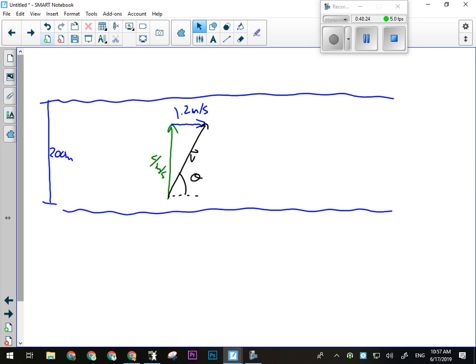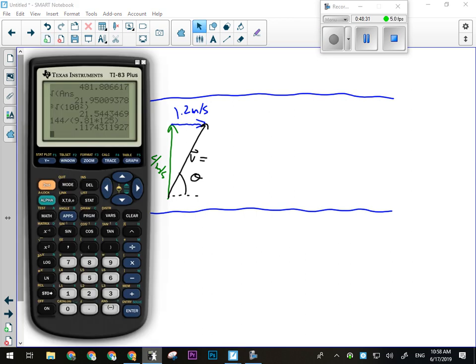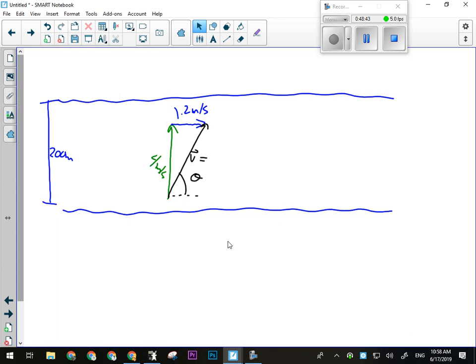So that's just going to be simple geometry here, right? To get V is Pythagorean theorem. So we got square root of 4 squared plus 1.2 squared, which is 4.176 meters per second.